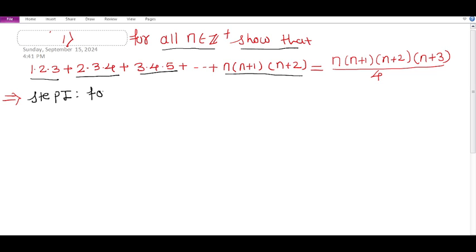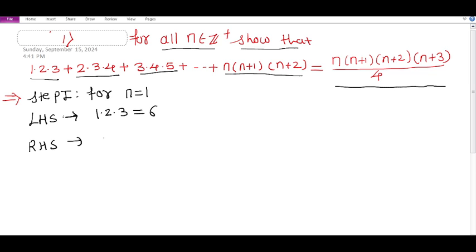First we are going to show that the result is true for n equal to 1. On the left hand side, LHS contains 1 into 2 into 3, which is equal to 6. On the right hand side, put n equal to 1. So this is 1 into 2 into 3 into 4 divided by 4.